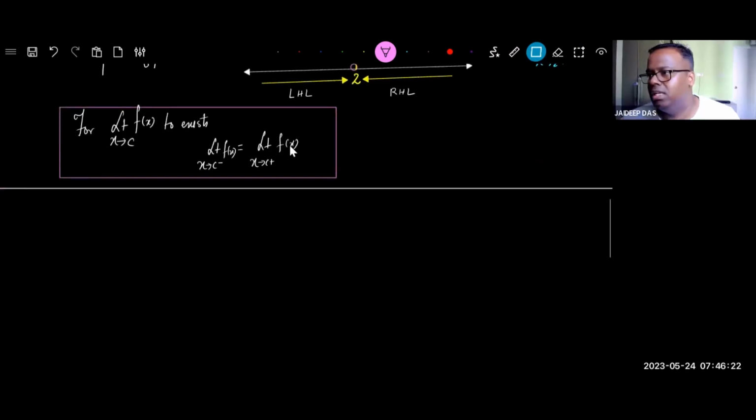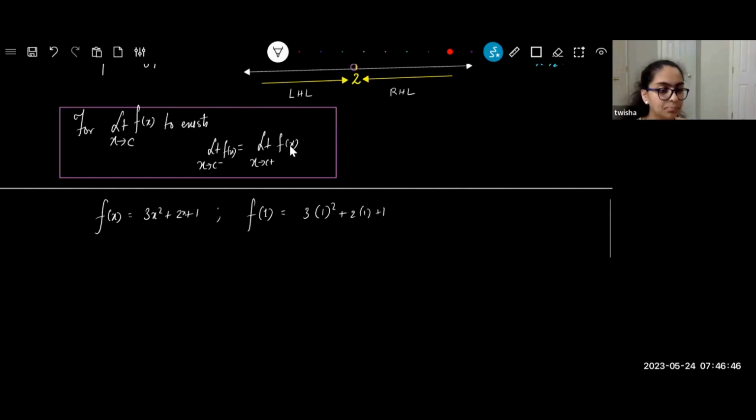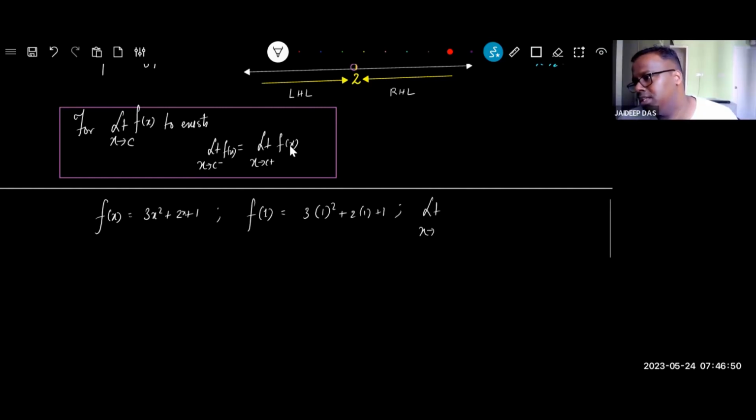And you may also ask, sir, how to find the limiting value? Well, suppose I tell you that f of x is equal to 3x squared plus 2x plus 1, and I ask you to find the value of f of 1. You just do 3 into 1 squared plus 2 into 1 plus 1. That's f of 1. And if I ask you, what is the value of the limit of x tends to 1 of f of x?